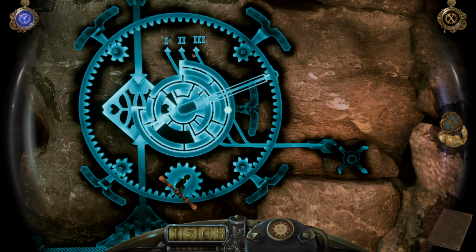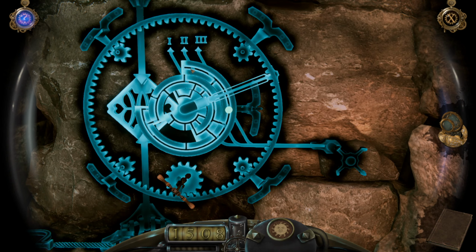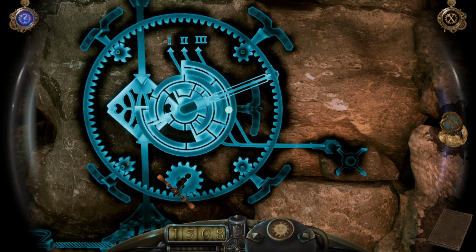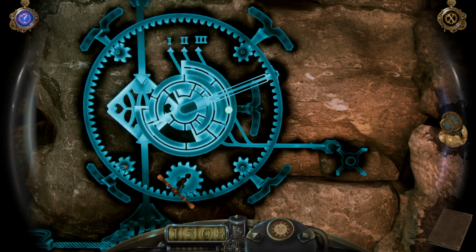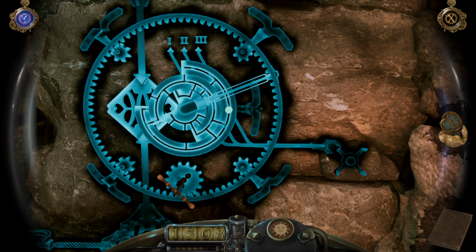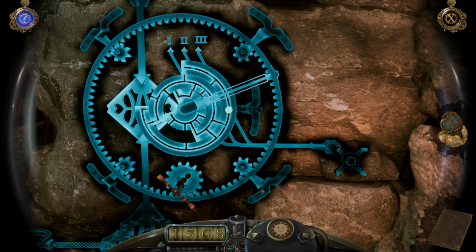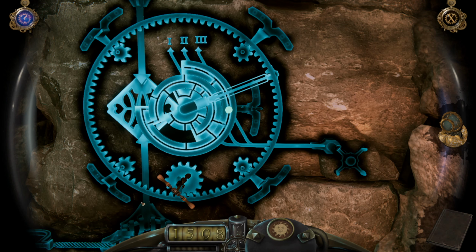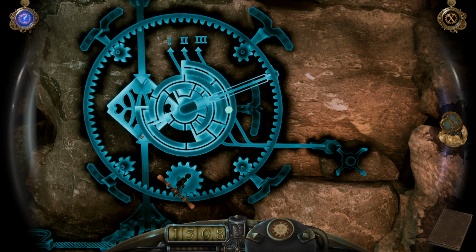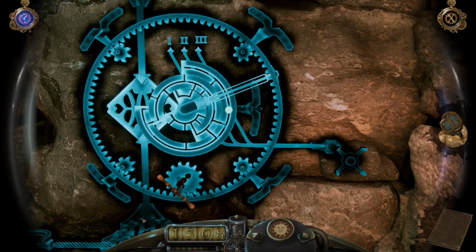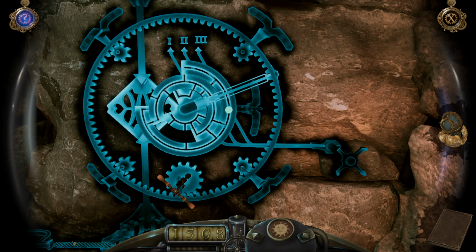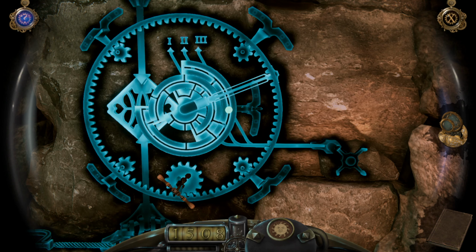Who's got an idea for me? How do I move? Right, so these rods are not engaging. We need to crank these rods at the top and bottom to spin this gear, to spin these out of the door.